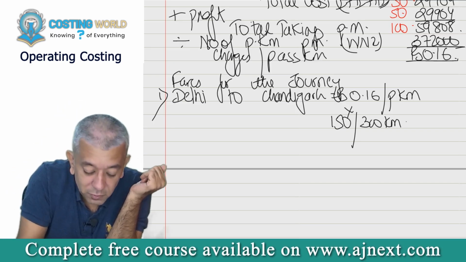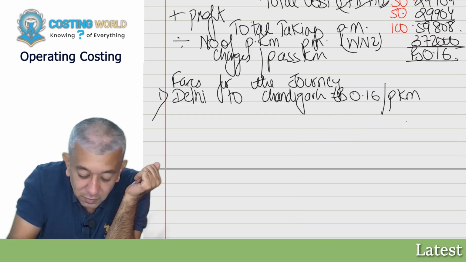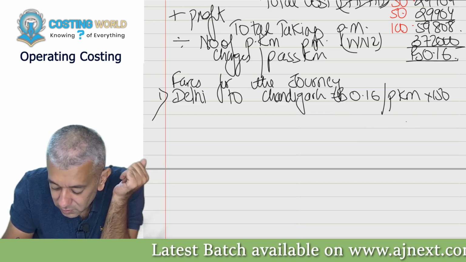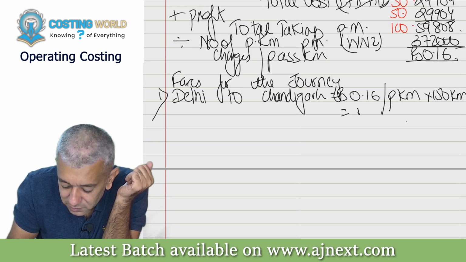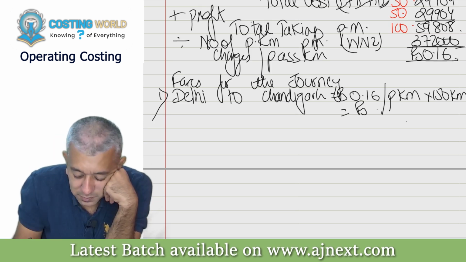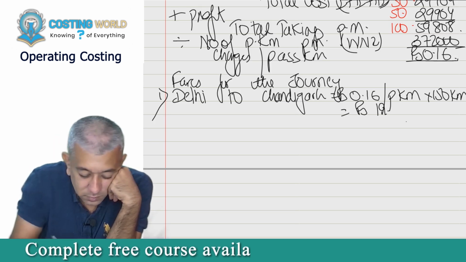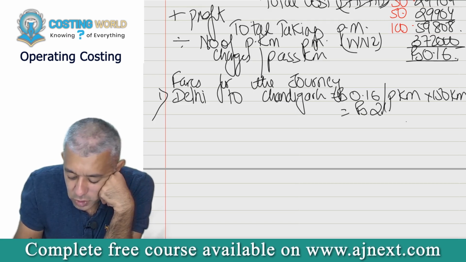Thank you. So therefore, into 150 kilometers, this comes to how much, beta? 24. Finish off the other two also.